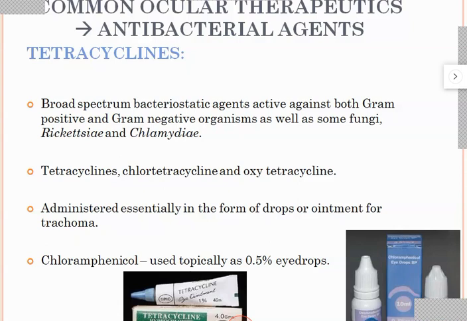They are available in the form of chlortetracycline and oxytetracycline, administered essentially in the form of drops or ointment for trachoma. And chloramphenicol is used topically as 5% eye drops.